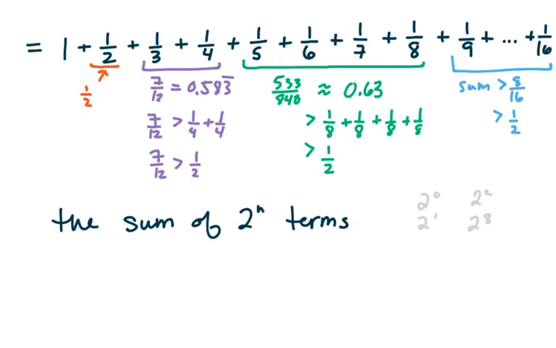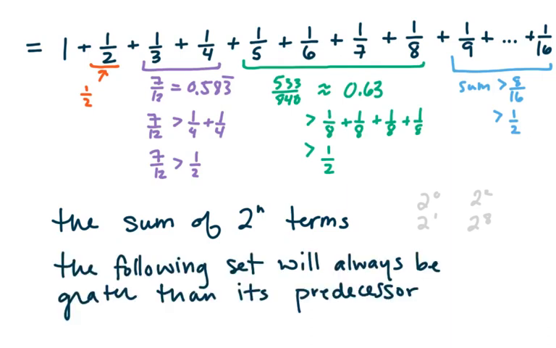The following set is always going to be greater than its predecessor. So each set, the last set of 8 terms, or the set of 4 terms, or the set of 2 terms, or the set of the 1 term, they're always going to be bigger than the term that was before them, excluding that very first term.